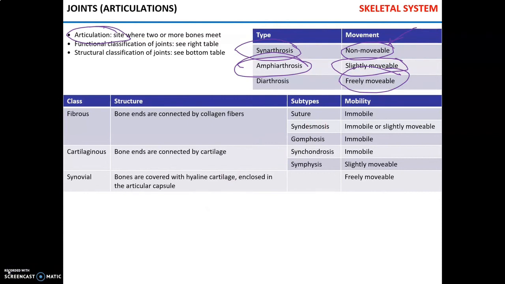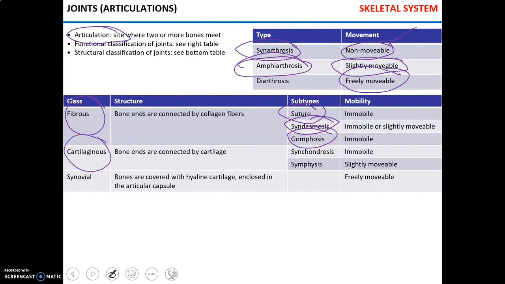And the anatomical structural classification of joints explains how bones are connected. Bones are connected by fibrous connective tissue, collagen fibers. These are fibrous joints. Sutures in the cranium, syndesmosis, for example, the distal tibiofibular joint in the ankle, and gomphosis, joints between the teeth and alveolar processes of the mandible or maxilla.